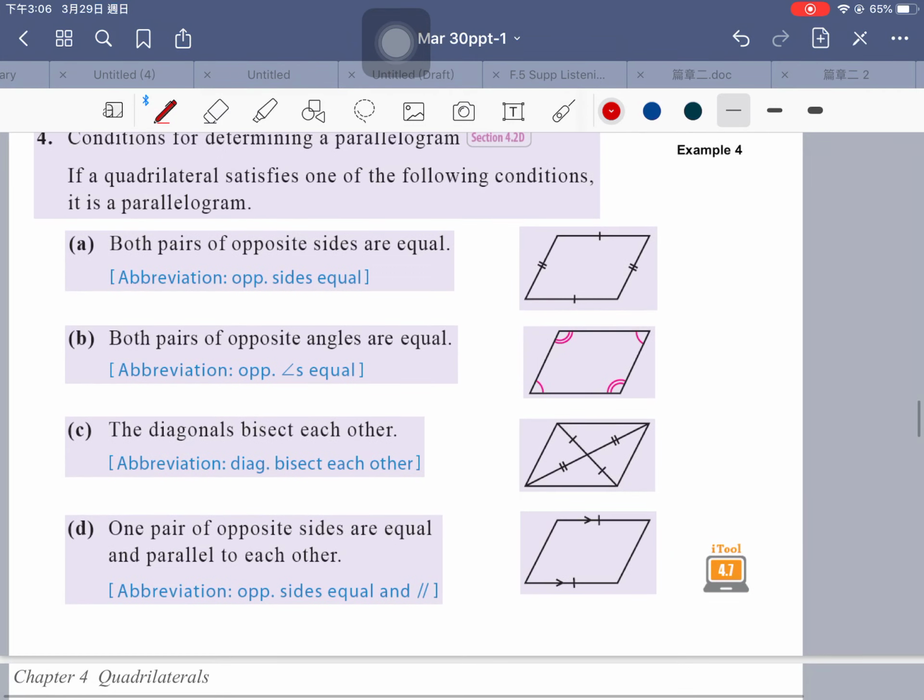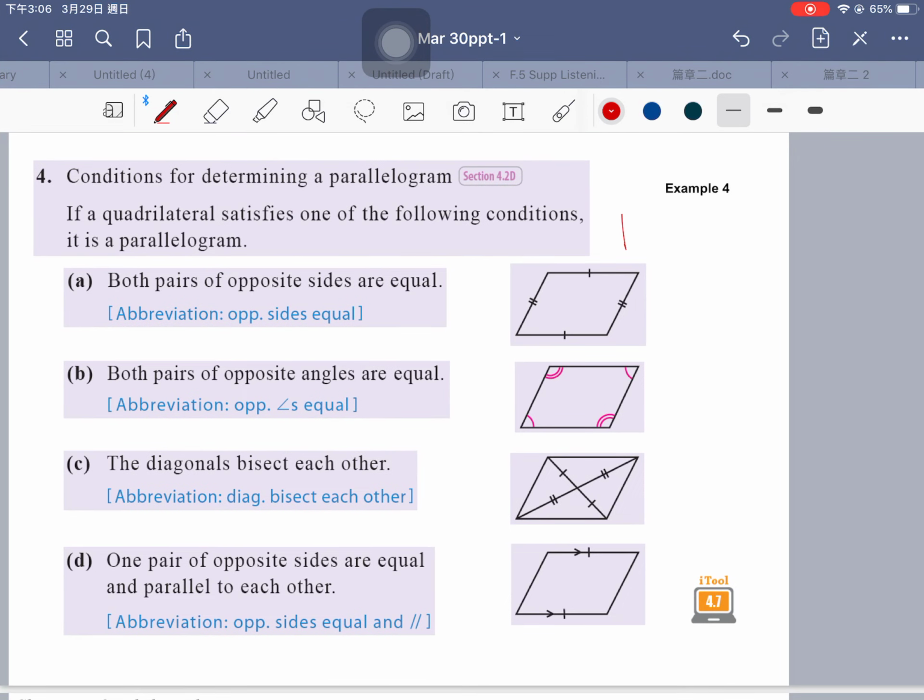But for proofs, you have to know there are four conditions: either opposite sides equal, or opposite angles equal, or diagonals bisect each other, or one pair of opposite sides equal and parallel.